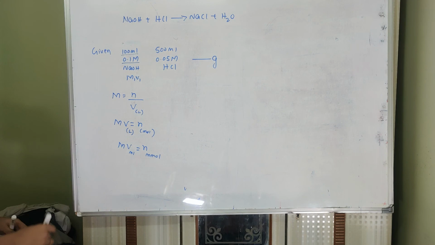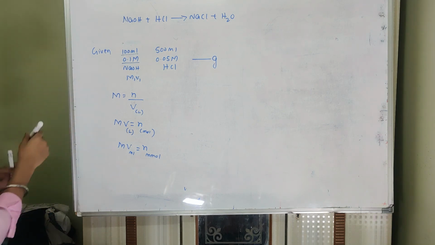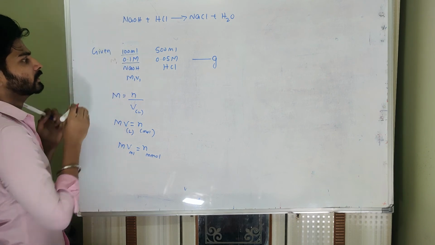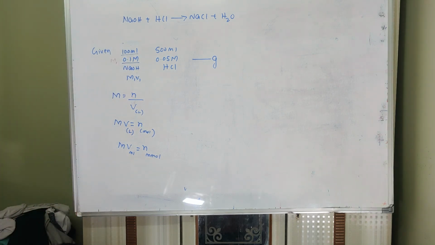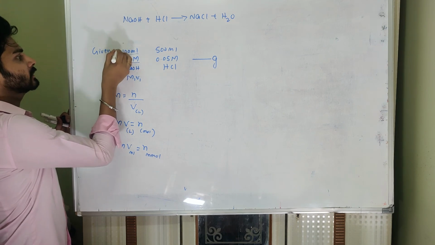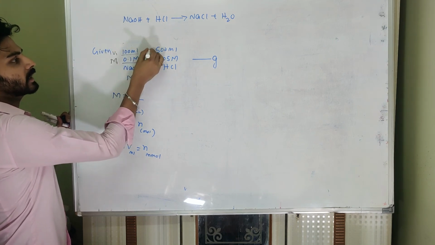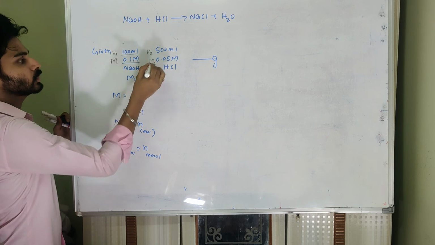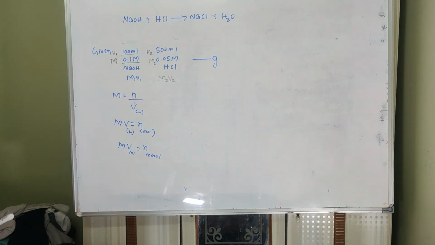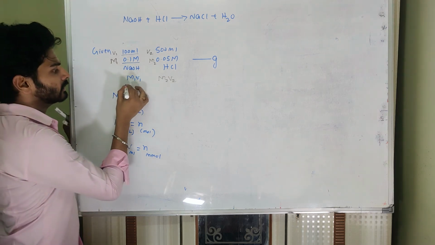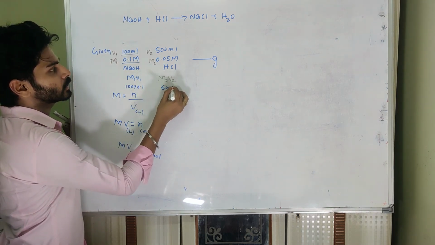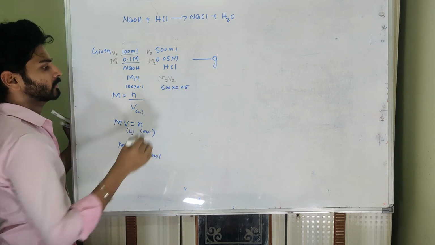I'll call this molarity M1 and this volume V1, and this one V2 and this one M2. So M2 V2. When I multiply them, this is 100 into 0.1, and this is 500 into 0.05.